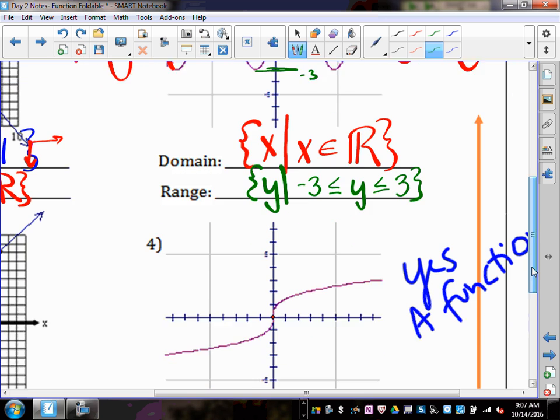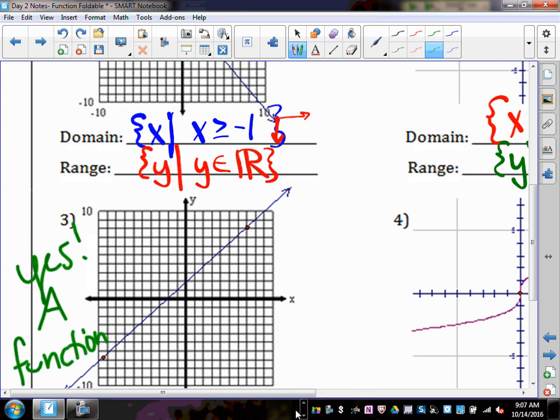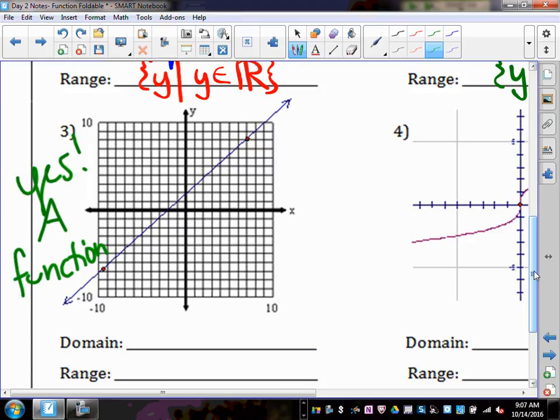Alright, so let's try 3 and 4 now. You're going to like 3 and 4. This continues forever down and to the left. This continues forever up and to the right. If I'm starting all the way down here, and then I'm going all the way up, what are we going to have for that? Yeah, all real numbers. Good. So go ahead and write that notation out.